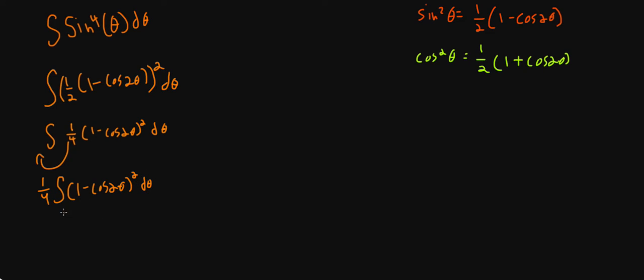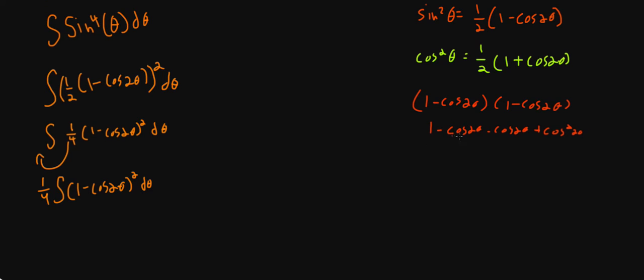Let's expand that off to the side right here. So we get 1 minus cosine 2 theta times 1 minus cosine 2 theta. We're going to use FOIL to expand this. So 1 times 1, then 1 times negative cosine 2 theta, so minus cosine of 2 theta, and then negative cosine 2 theta times 1 again, so minus cosine 2 theta, and then negative cosine 2 theta times negative cosine 2 theta, so it's plus cosine squared of 2 theta.